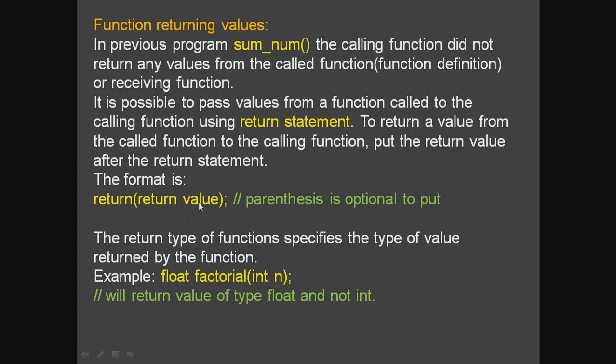Here the parentheses are optional. You can write return 0, like we write in every program, with no parentheses, so it is optional, but it is always good programming practice to use parentheses to let other programmers know, clear?